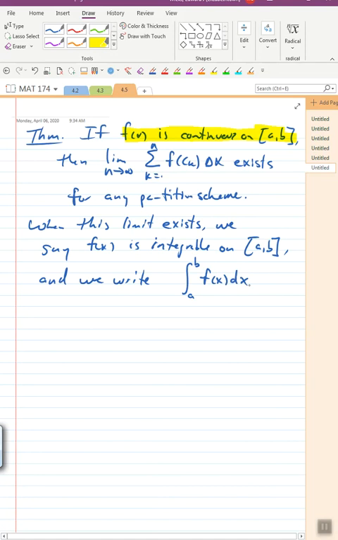So in other words, it looks just like our antiderivative symbol, except I'm putting the left and right endpoints of the interval right there and right there.